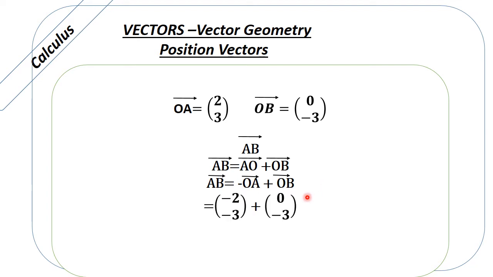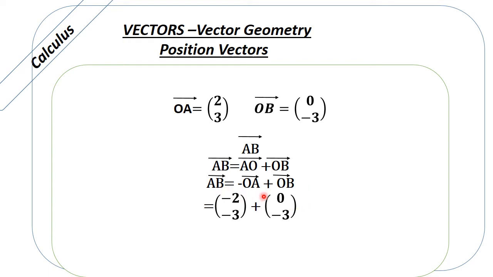When we talk about numbers, negative OA means all the numbers in here should have their signs changed. So this is positive and this is positive, they're going to be negative, both of them. If one of them was negative, it would have become positive. We just reverse the signs to show that we have added the negative. In short, you can see it as negative times everything inside. So negative times 2 is negative 2, negative times positive 3 is negative 3, plus OB, we just write it the way it is.